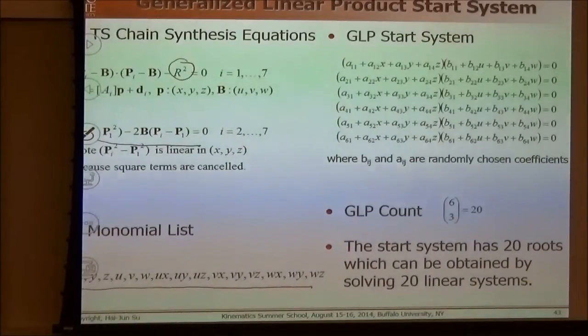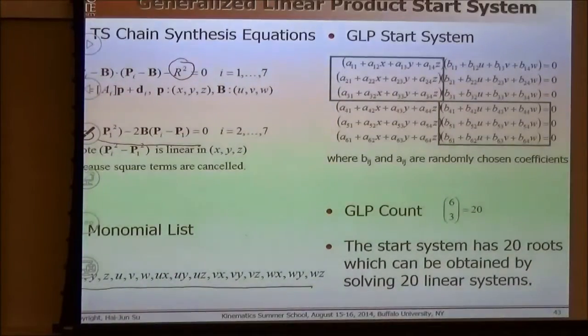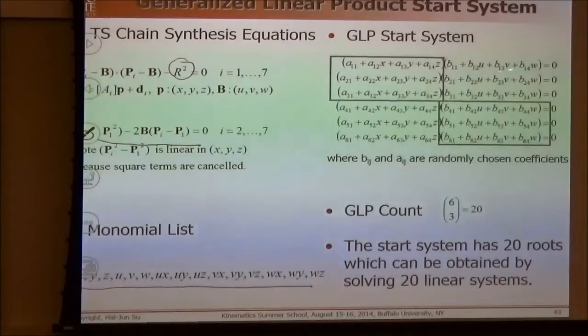And you can see here, I can pick any one of the linear factors for each equation and then assemble a linear system. In the linear product method, you pick one linear product for each polynomial in the start system and construct a square linear system.